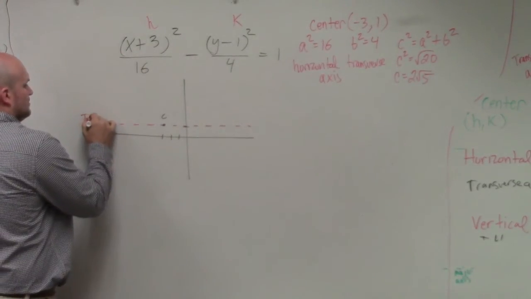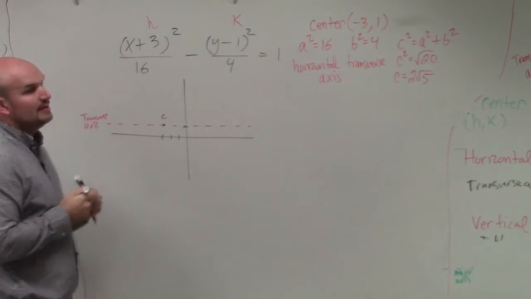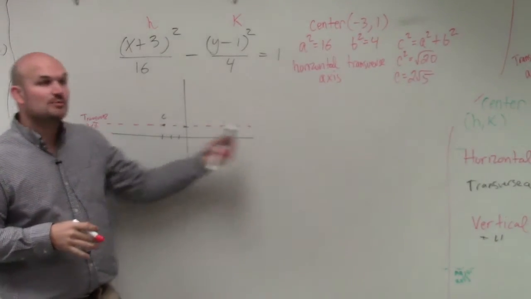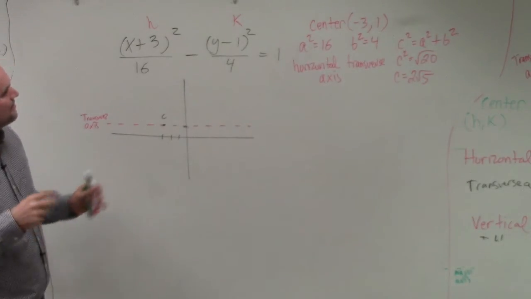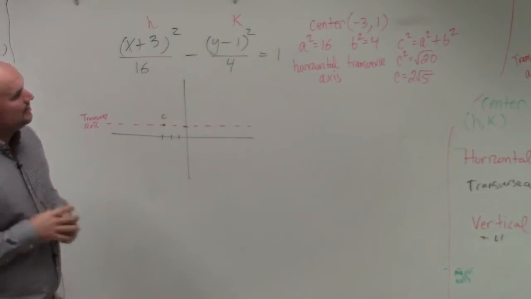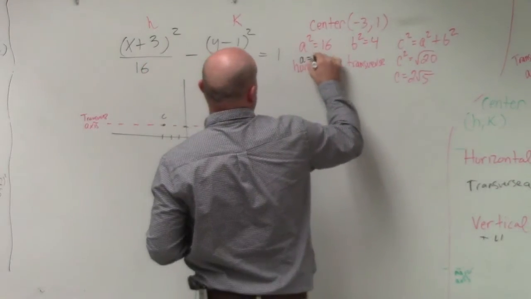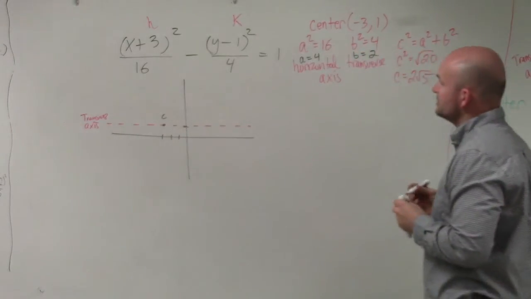Transverse axis. Now, again, what's so nice about knowing the transverse axis is that's where the foci as well as the vertices lie. So if a squared is 16, that means a is equal to 4, b is equal to 2, right? And c we know is there. So a is equal to 4.